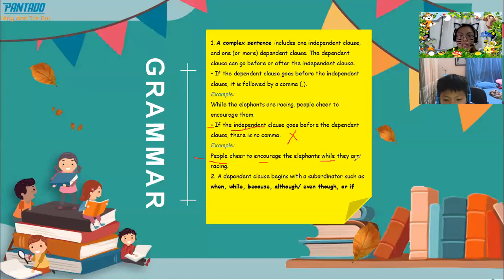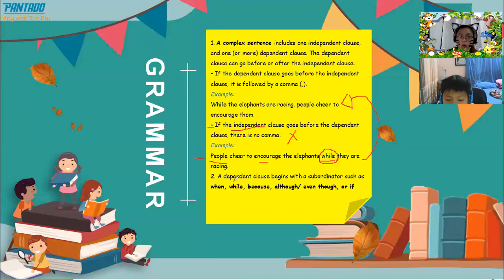As you can see, this is the same sentence that we have here. It just changed the position of the independent and dependent clause. This word while connects the dependent and independent clause.